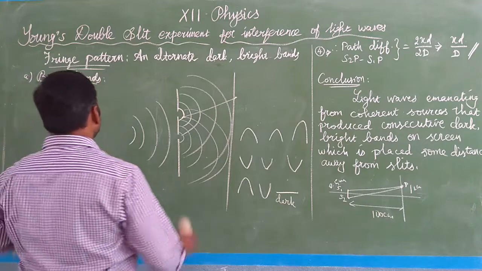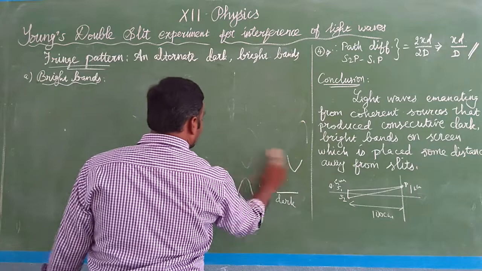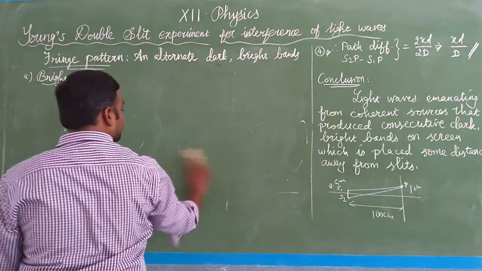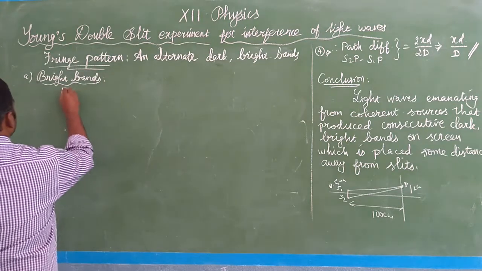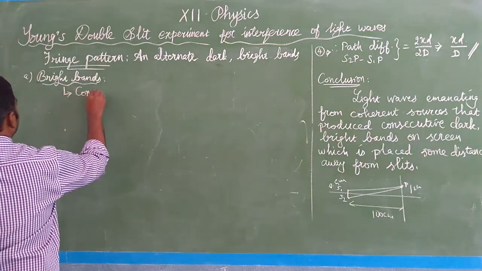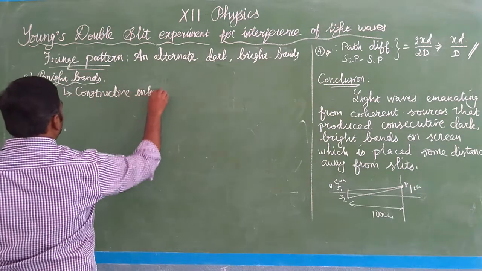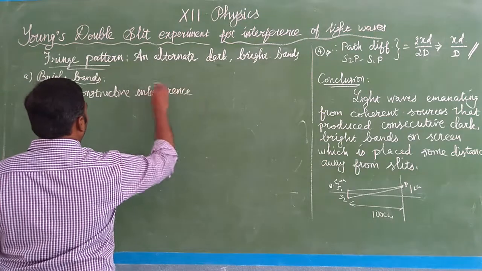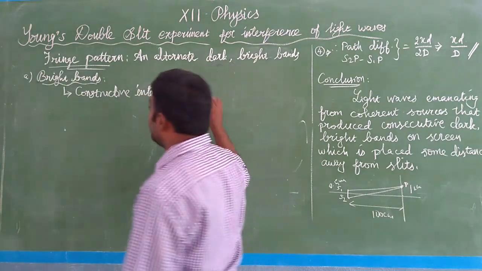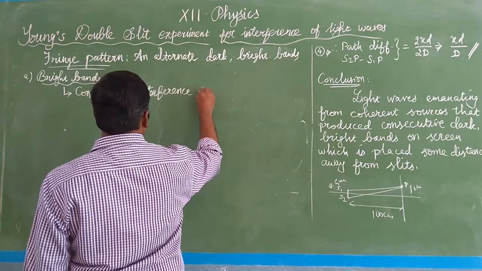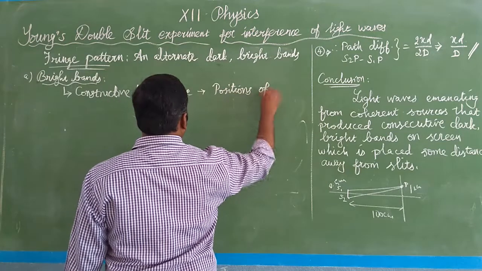So, to get bright bands, there must be constructive interference. Okay, as we already discussed in the last class, for a bright band to be obtained there must be constructive interference, and in this case the position is of maximum intensity.